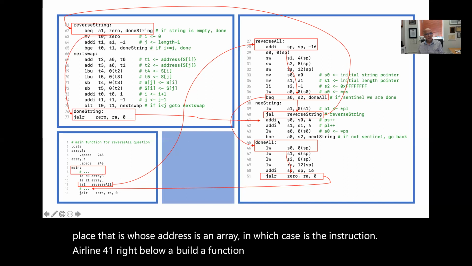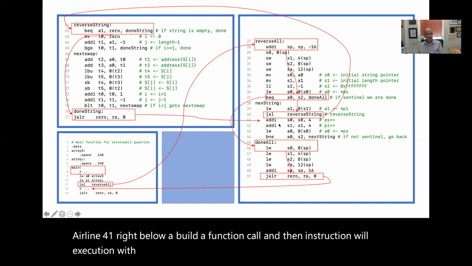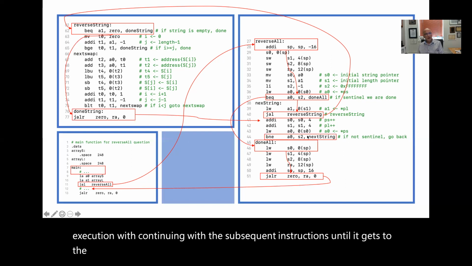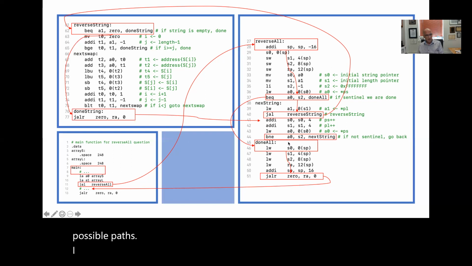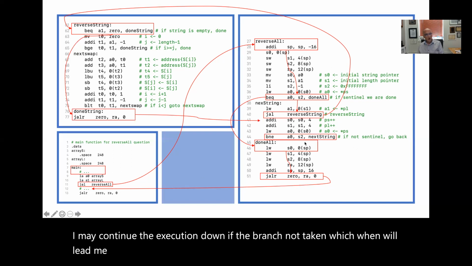And then execution will continue with the subsequent instructions until it gets to the branch not equal at line 44. And here again, there are two possible paths. I may continue the execution down if the branch is not taken, which will lead me to returning from this function, or I may go back to next string, which is up there.